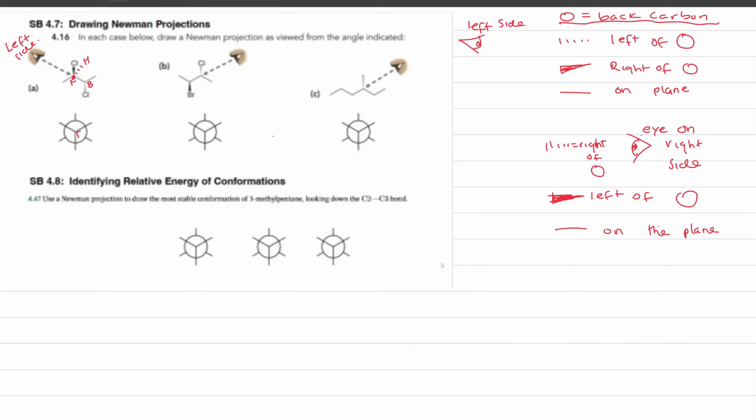This is the front right here. On the circle, on which side should the hydrogen be? Sorry, left. So, on the left? Yeah, so it's on the left and up. So LU, this will be RU, and this will be PD.